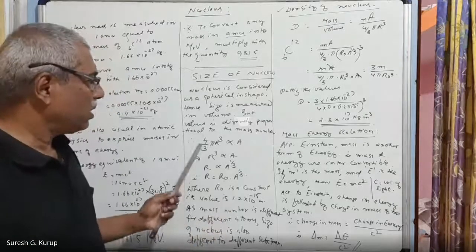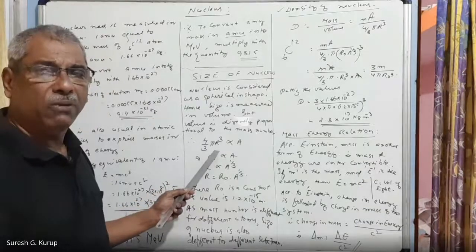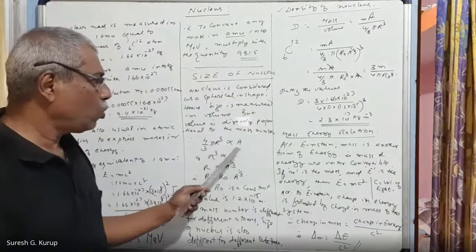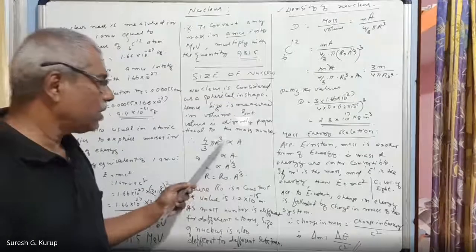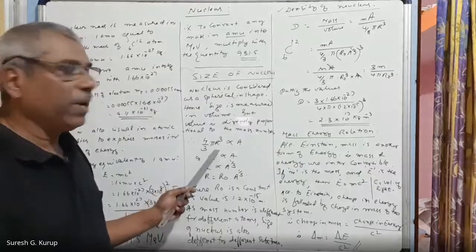So hence we can write: volume of the nucleus, 4/3 π R³, is directly proportional to A. What is R? R is the radius of the nucleus. 4/3 π is a constant.